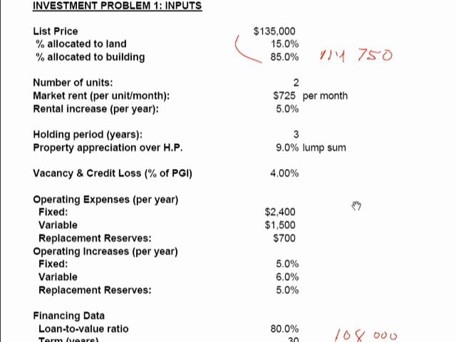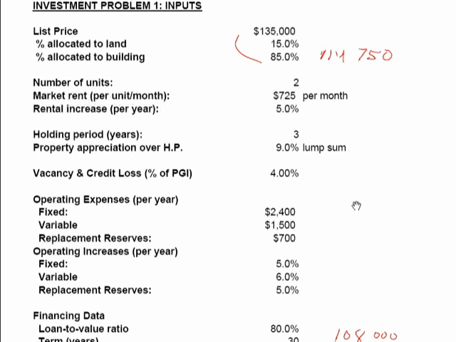As part of the investment problem analysis, we need to calculate depreciation. And the government, the IRS, lets us depreciate real estate, but we depreciate the building or the improvements only. We don't depreciate land. Land is not said to depreciate, but buildings and improvements wear and tear over time, and they depreciate over time.